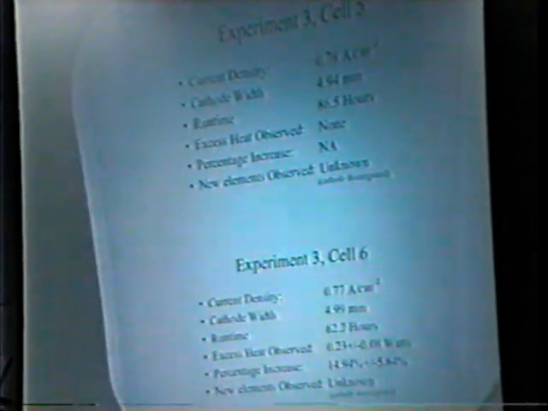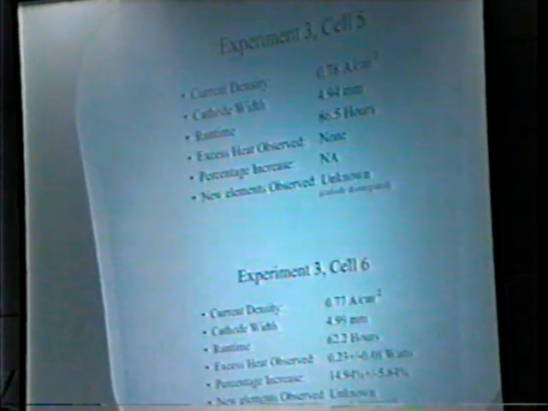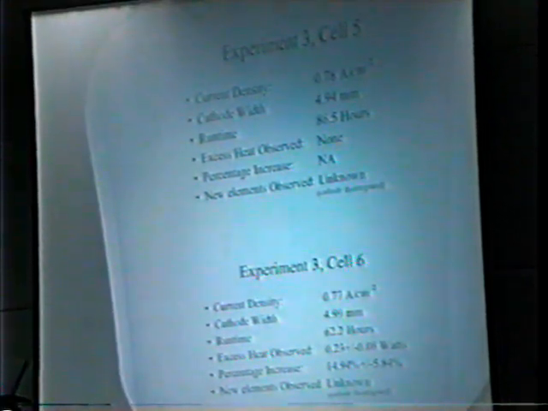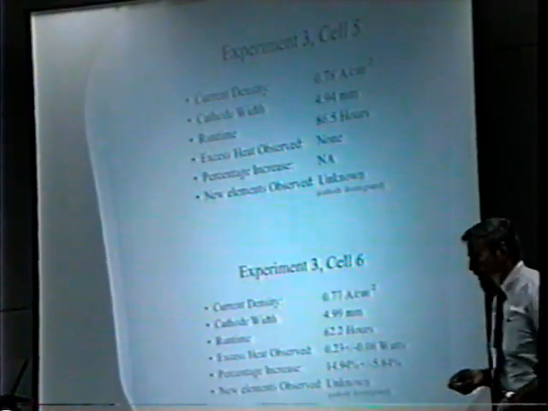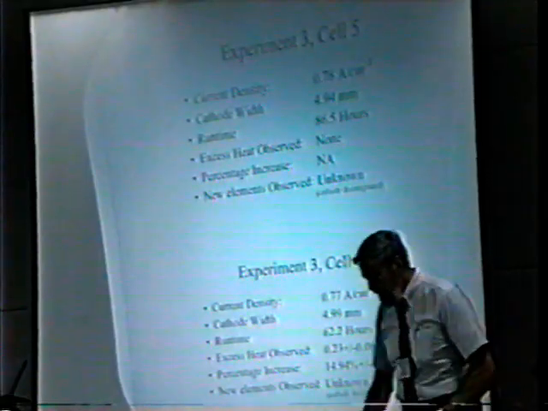What happened on both of these is the cathode totally disintegrated. We ended up with a slurry of particles in the cell in both of them. Cell 6 had excess heat, and 5, nothing. As far as the composition of the cathode, we have this slurry. We've tried some analysis on it, but don't know how to interpret the results yet.